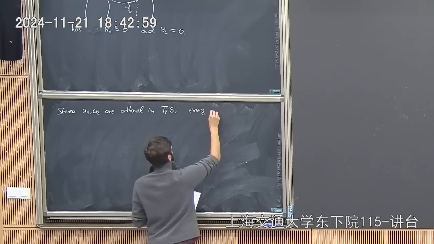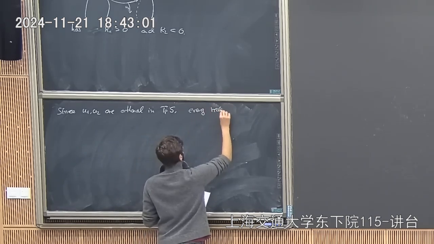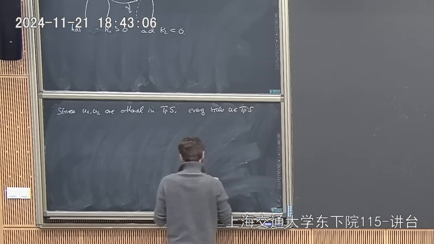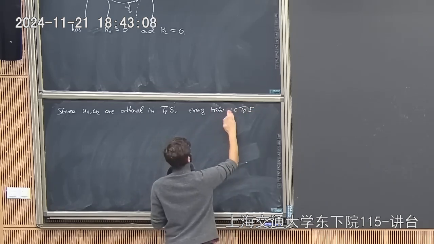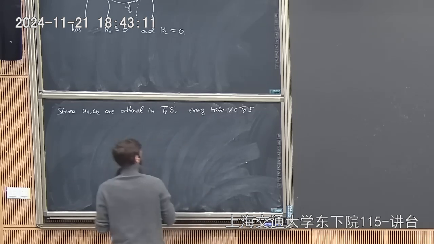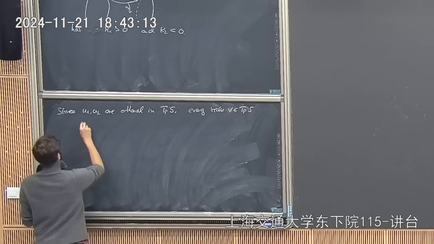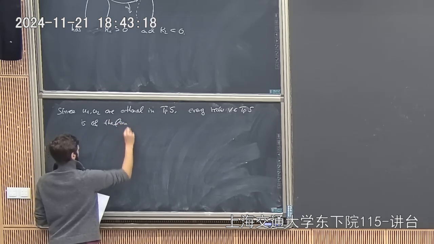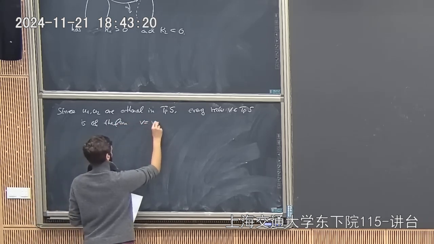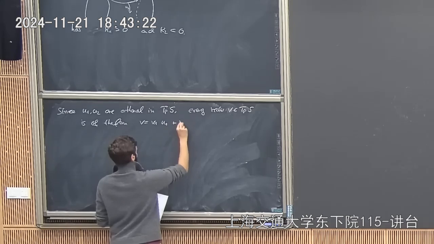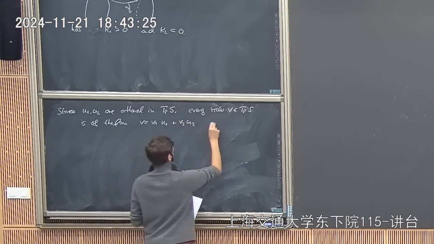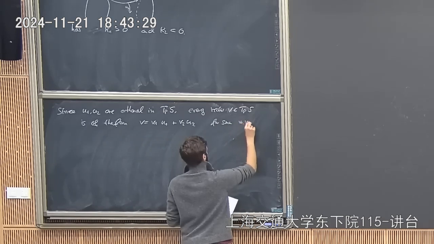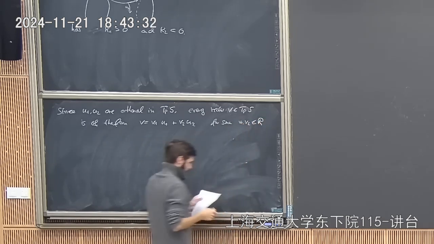Every vector in T_pS is of the form V equals V1 U1 plus V2 U2, for some numbers V1 and V2.